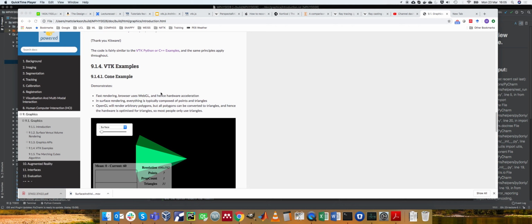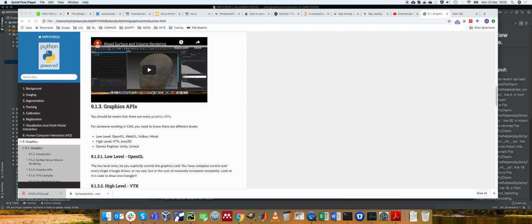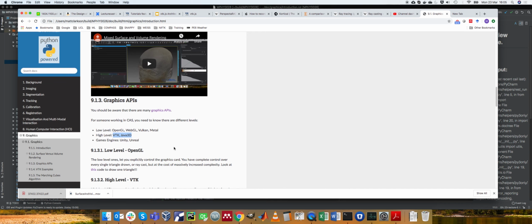So far we've covered what is surface registration and surface visualization and volume visualization. And we've covered in these notes the fact that there are very low-level APIs where you literally have to describe every single triangle, and there are high-level APIs which relieve you of most of that detail.